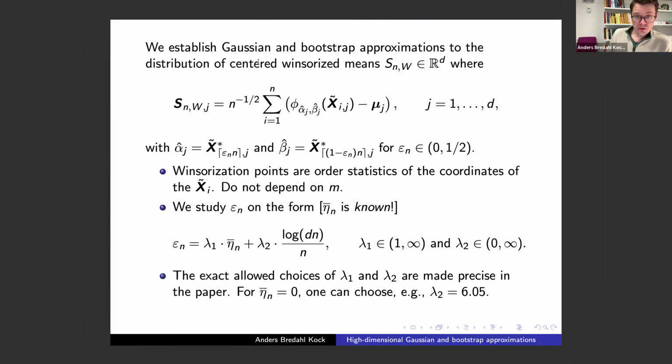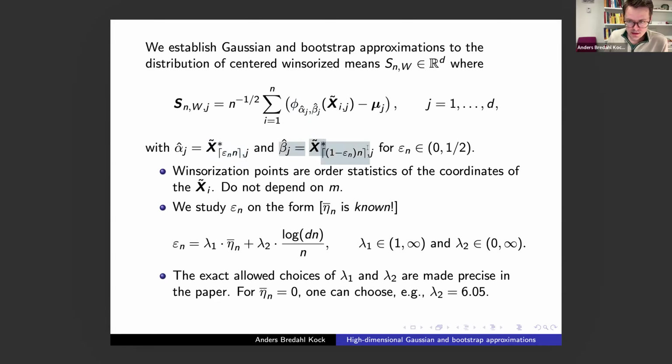Good. Now we establish first Gaussian and bootstrap approximations to the distribution of centered and Winsorized means. So I denote these by SNW, where the jth coordinate of SNW is simply given by now my contaminated data, xij tilde, evaluated in the Winsorization functions, where the Winsorization points are alpha j hat and beta j hat, where alpha j hat is the lower epsilon order statistic of my contaminated data.